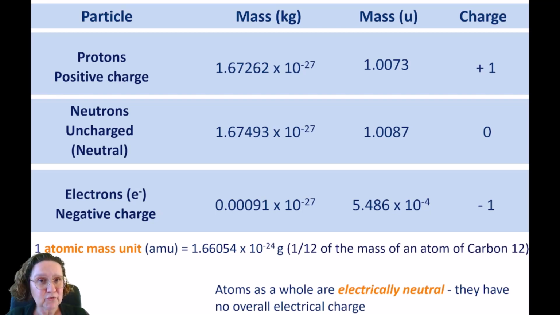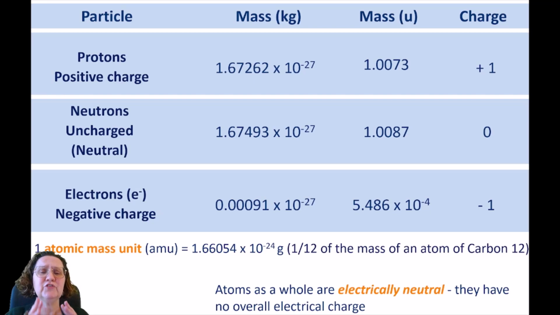It's complicated to work with negative powers of 10 and that tiny range. So chemists invented a different scale called the atomic mass unit. An atomic mass unit is 1.66054 times 10 to the minus 24 grams, so 10 to the minus 27 kilograms.